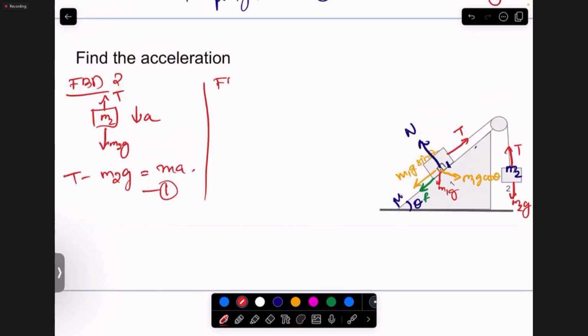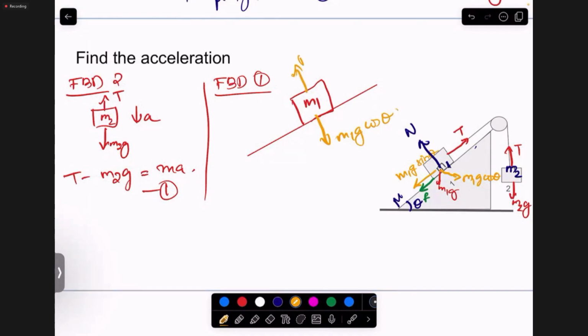And FBD 1 is what? This inclined plane thing. This is the block. This is M1. M1G acting downwards, M1G cos theta, and N is there.